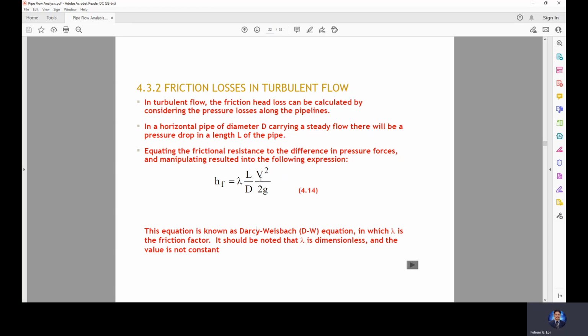So this is what we call the Darcy-Weisbach equation, in which lambda is the friction factor.